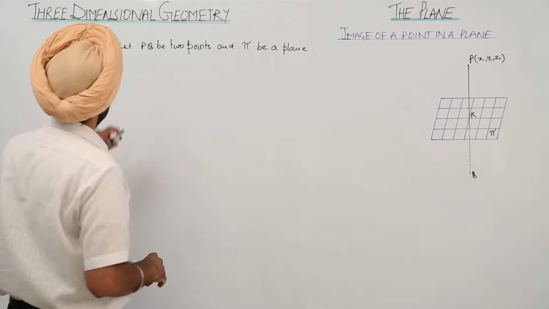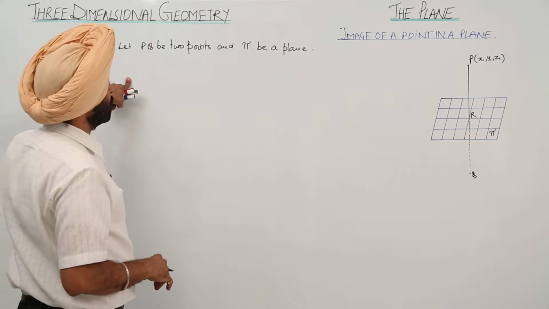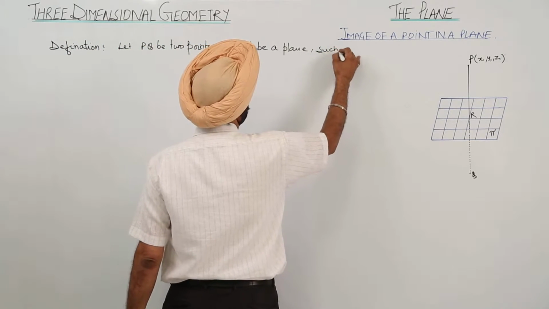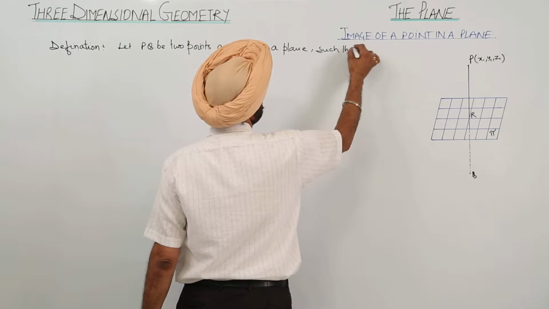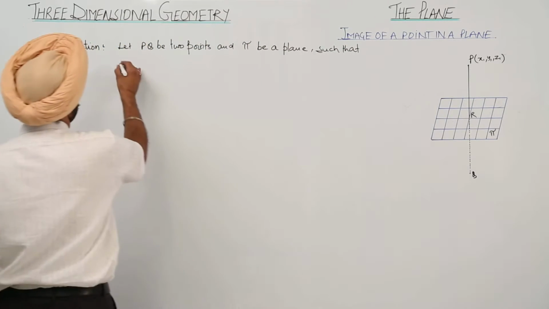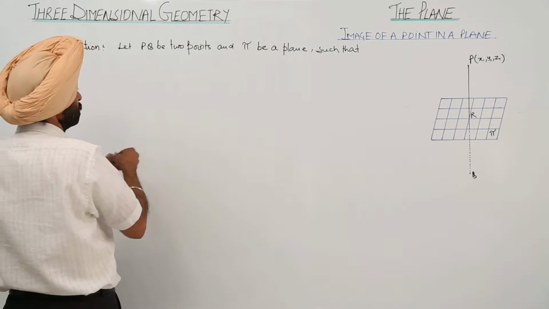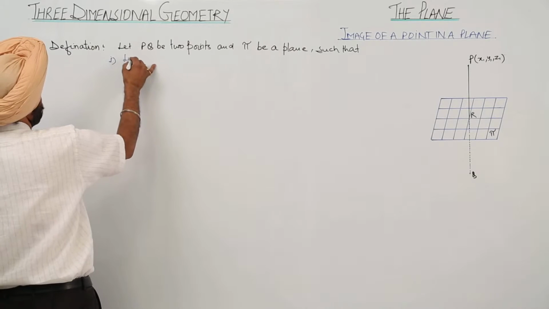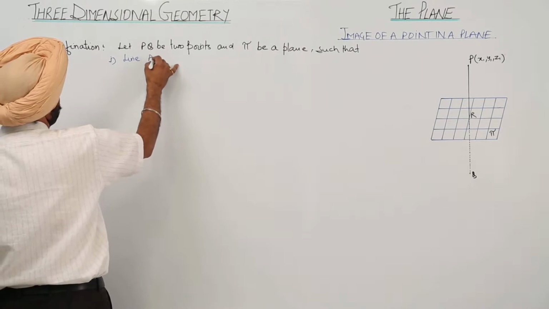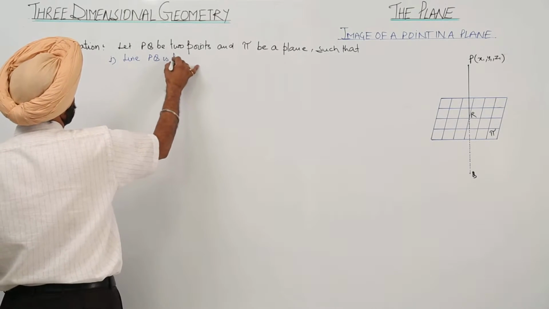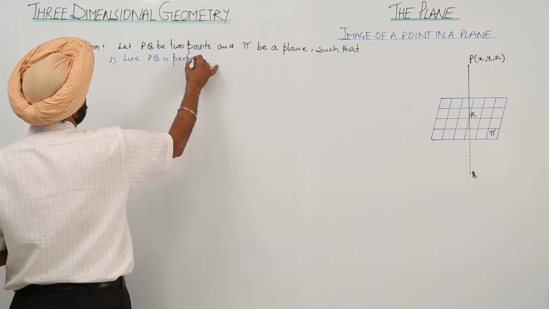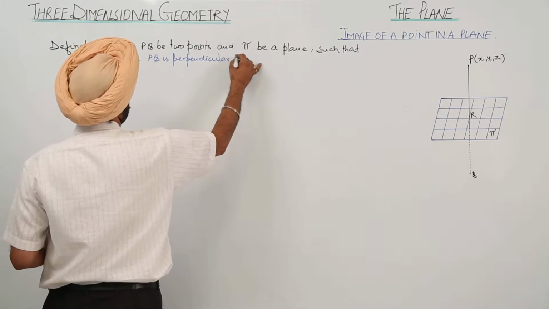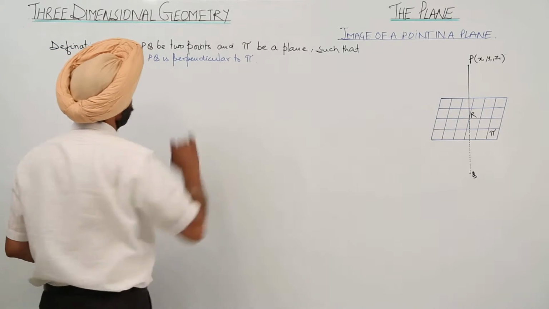Now let P and Q be 2 points and pi be a plane such that, now what are the conditions? Number 1, line PQ is perpendicular to pi.